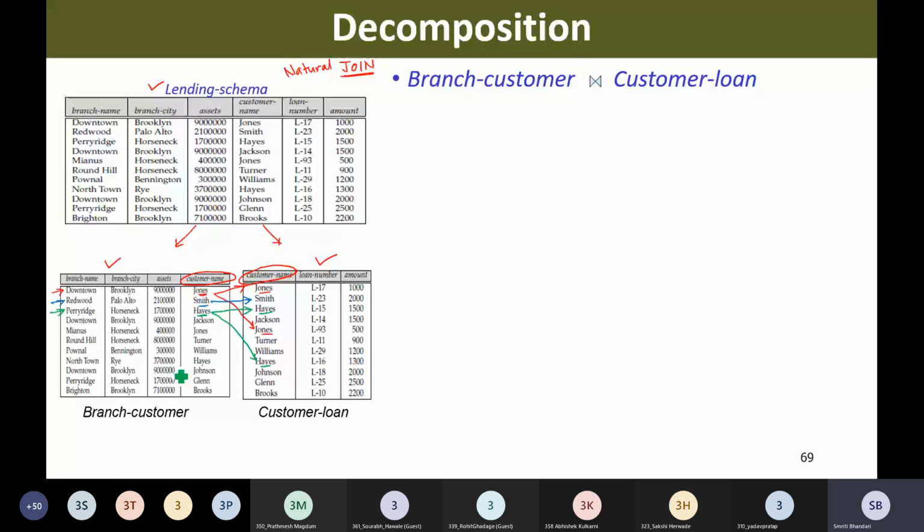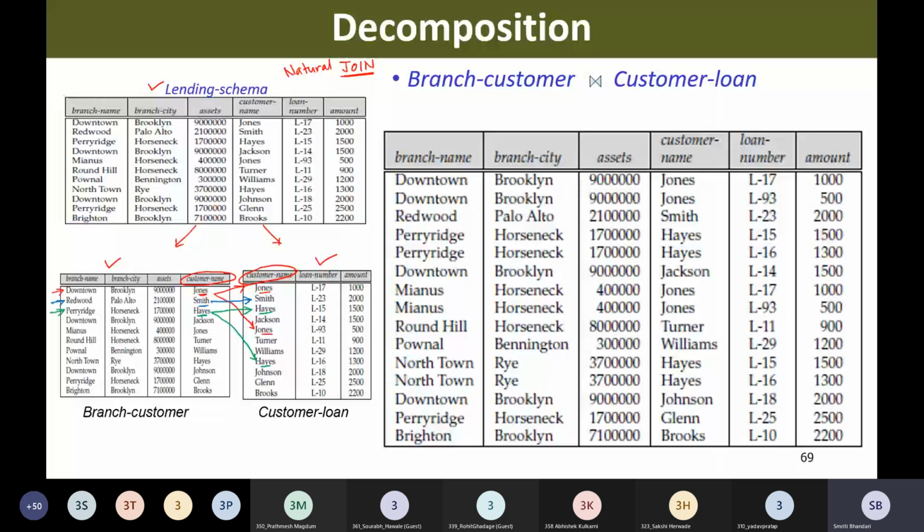After following such a process, our system will provide us the output of natural join like this. See here, the first tuple from branch customer has the attribute values downtown, Brooklyn, this asset value, and Jones.